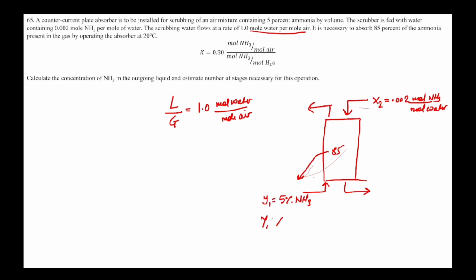So 85% of this value, sorry, this is small y1. If I calculate capital Y1, then 0.0526, and 0.85 of this value, Y2 will be 0.0526 into 1 minus 0.85, right? So this is 0.00789.